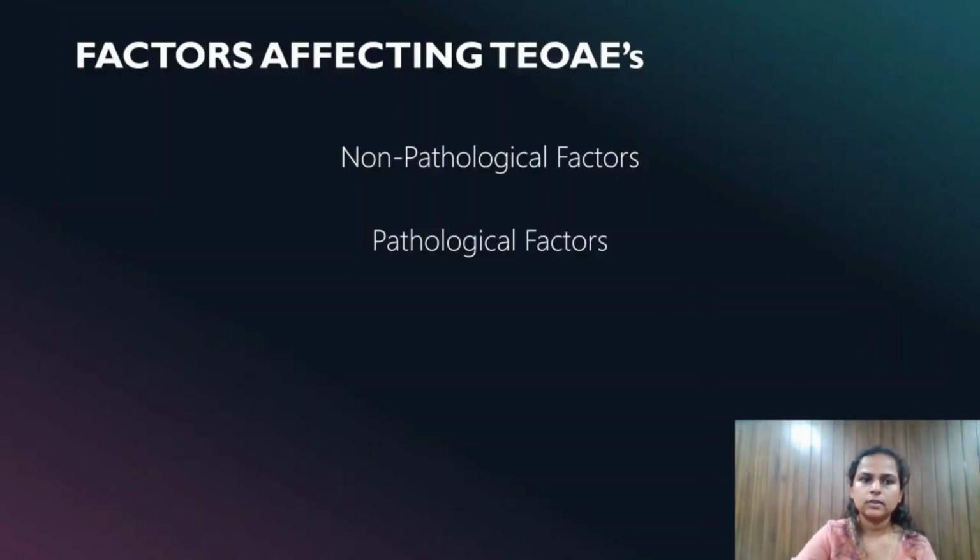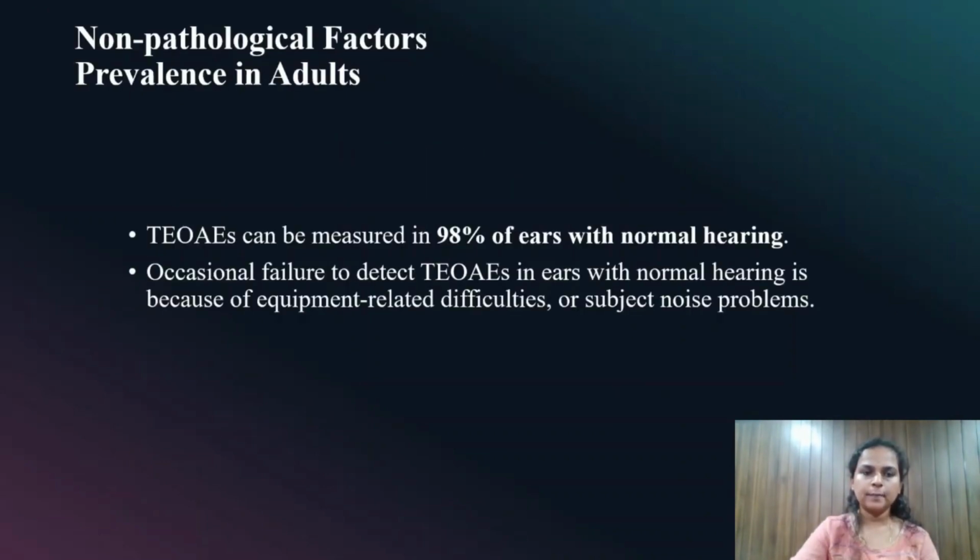The factors affecting TEOEs are non-pathological factors and pathological factors. Non-pathological factors: prevalence in adults. TEOEs can be measured in 98% of normal hearing ears, and if it fails to detect TEOE, the causes are equipment-related difficulties or subject noise problems.